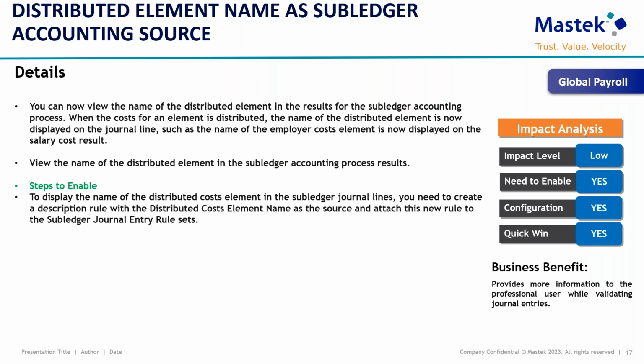Once we do that, we will be able to see what has actually been distributed against that particular element's costing. In terms of impact, again, this particular feature is low impacting. We need to enable this via journal entry rules, and that's the configuration we need, but it's a quick win for us at the end.